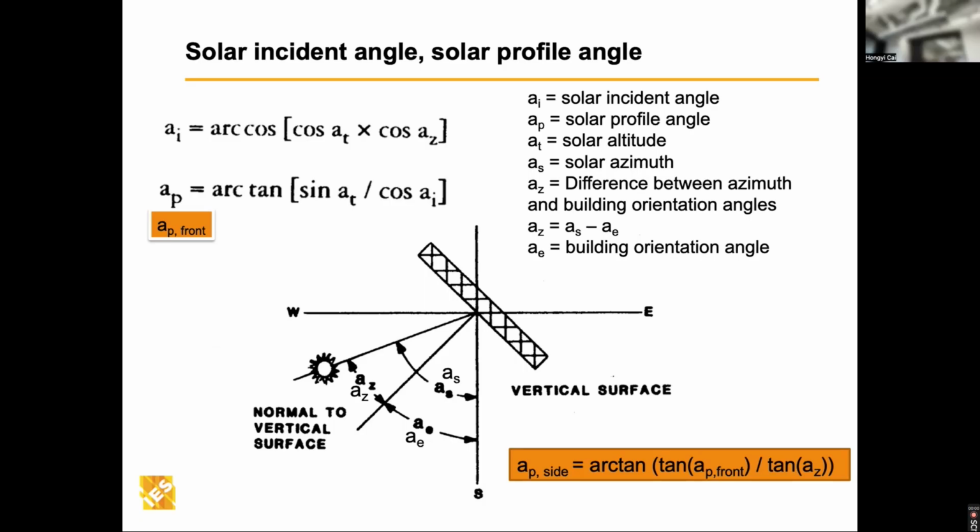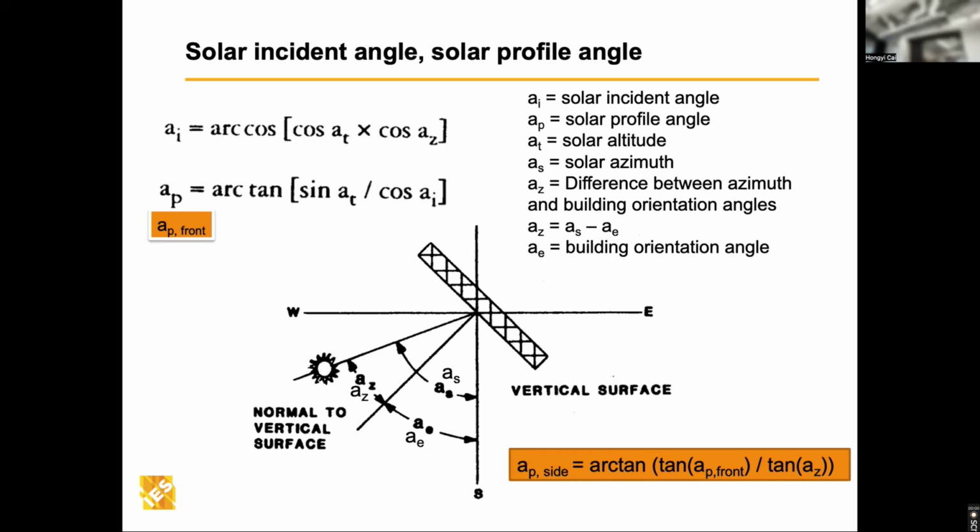Make sense? Right? So in this equation, when you try to calculate the solar incident angle, you just need to know the solar altitude angle and the difference between the axis angle and the building orientation angle. That should be this angle. If you know these two angles, then you will be able to calculate the solar incident. But the front profile angle is calculated differently, right? It's calculated this way.